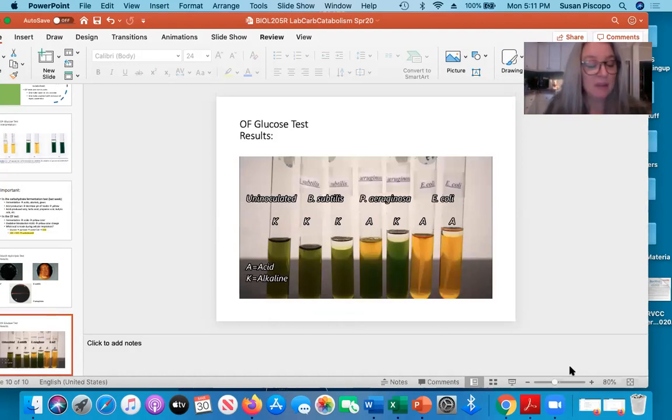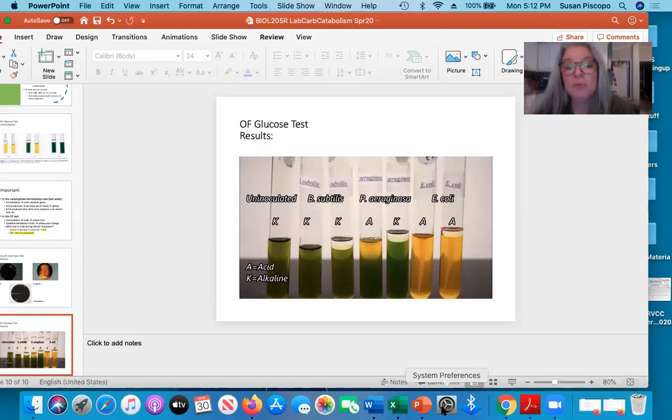If you turn the page, if you go to page 114, at the top of the page, there's a table for our OF glucose. And the first thing it asks underneath that is the color of the uninoculated medium. And remember, that medium has a green color to it.